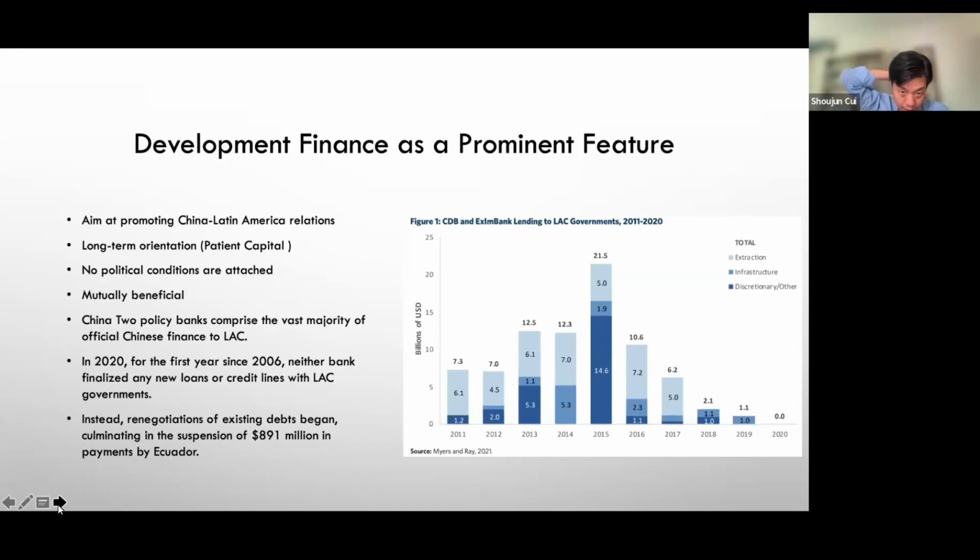So last year, China didn't offer new loan finance to Latin American countries, but instead China extended the period of the loans, in order to help those Latin American countries go through the tough time.